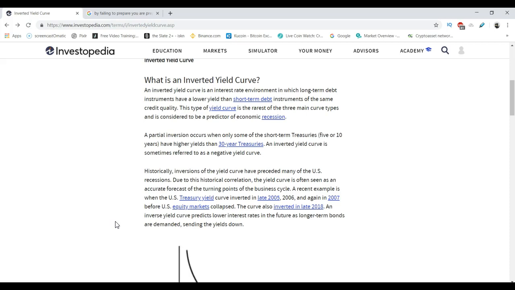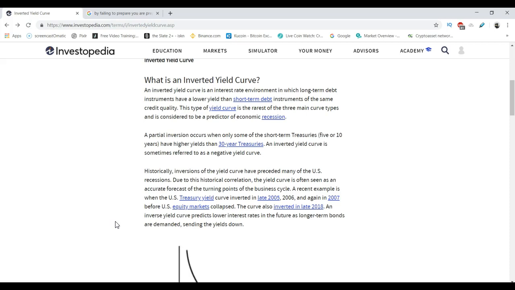The curve also inverted in late 2018, and we saw the market tank in late 2018. And also there's now an inverted yield curve again as of Friday, which was the 29th of March.